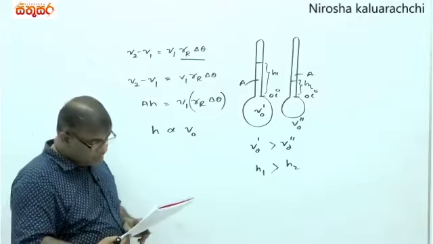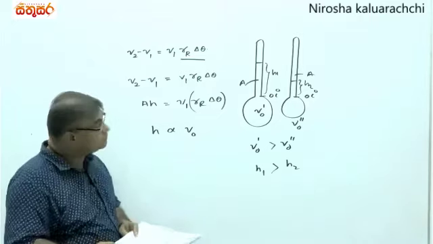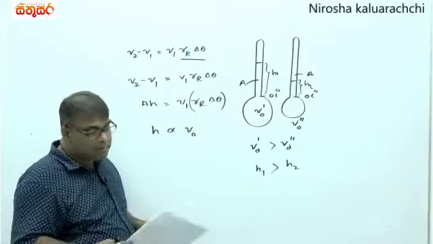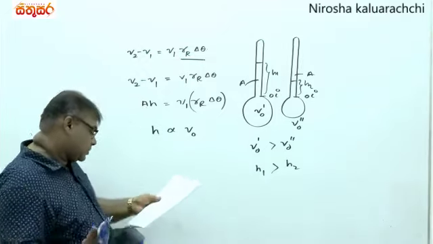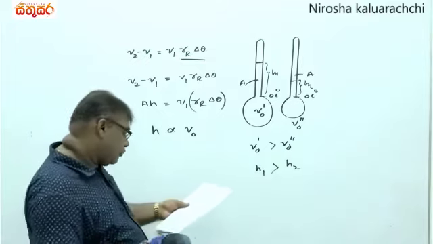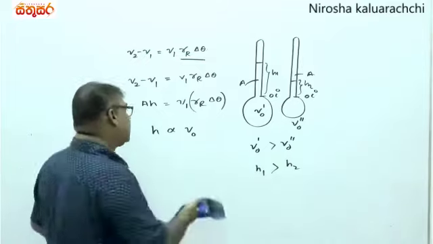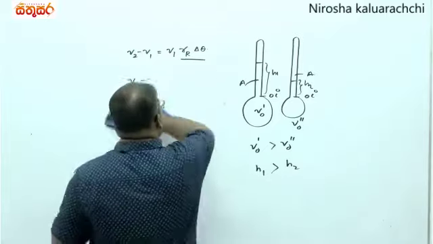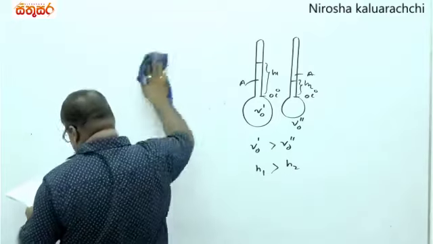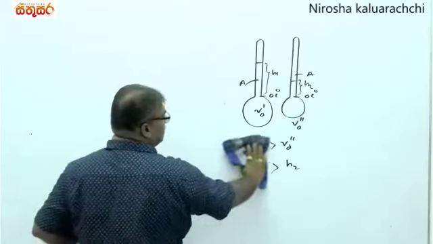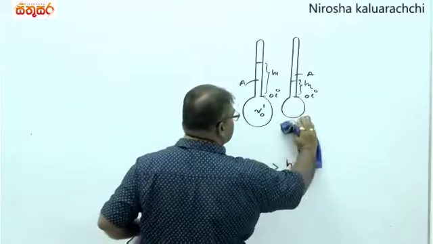Accuracy can be increased by reducing the volume of the glass bulb. Can you rearrange the question? Accuracy increased by reducing the volume of the glass bulb, like this.